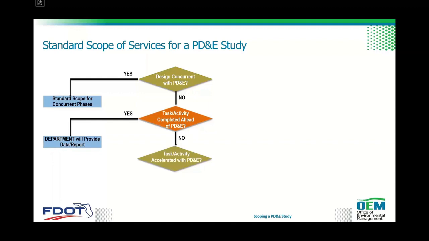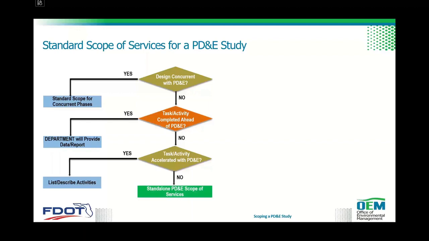If not, then you need to determine what activities would be accelerated with the PD&E. If there are activities accelerated with PD&E, then you need to ensure that those activities are listed and described. If not, then the PD&E would be a standalone scope of services, only a PD&E study rather than a concurrent one.